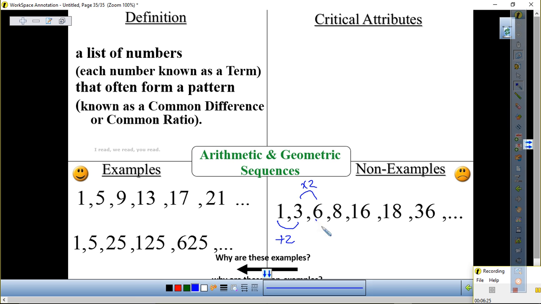Let's see if it works. Plus 2 times 2. That is correct. Now, talk it over with your neighbors. So I don't know why this one is not in either an arithmetic or a geometric sequence. Why is it not that?